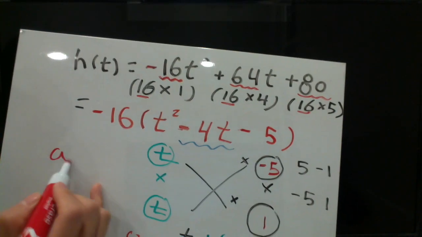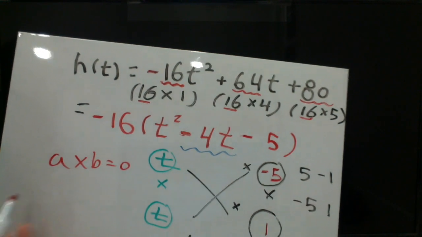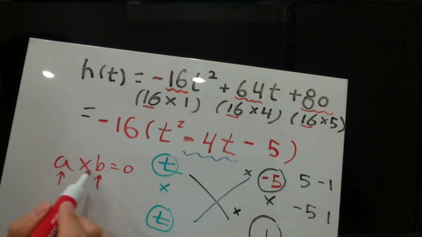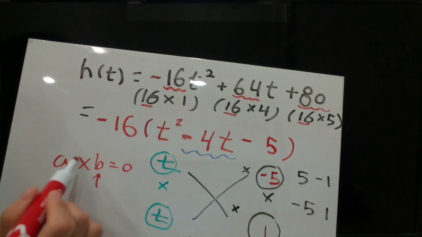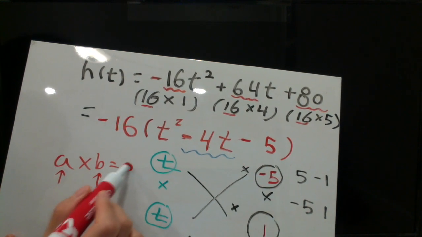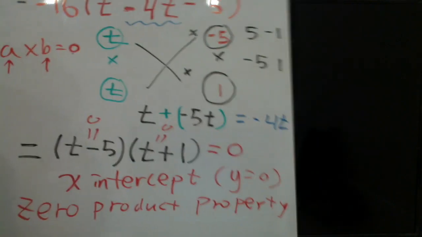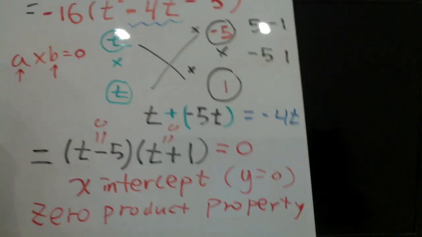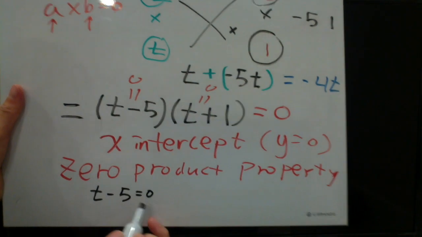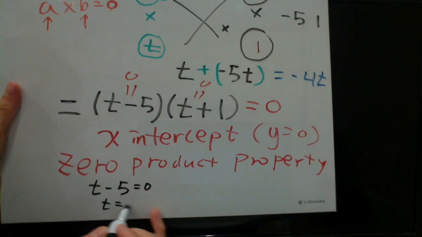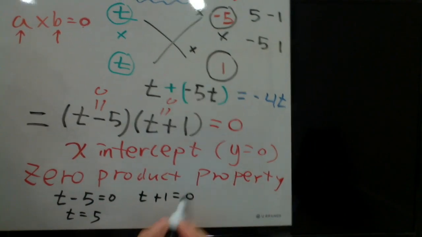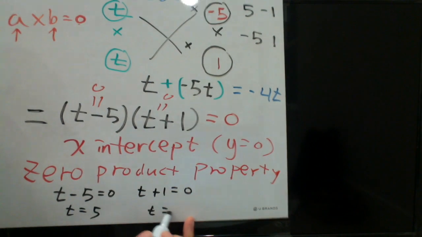Means when you have two numbers, a times b is 0, either a has to be 0 or b is 0 or both 0 to make the product of two numbers come to 0. So here t minus 5 is 0. It means t is 5, right? And then t plus 1 is 0. It means t is negative 1.